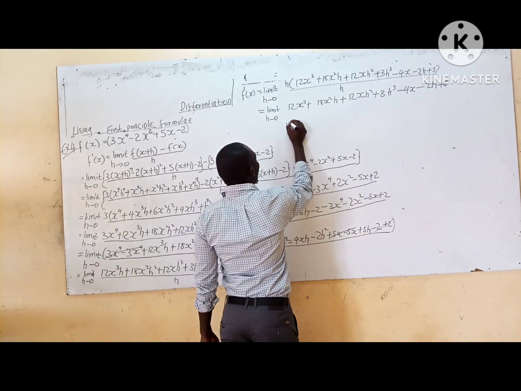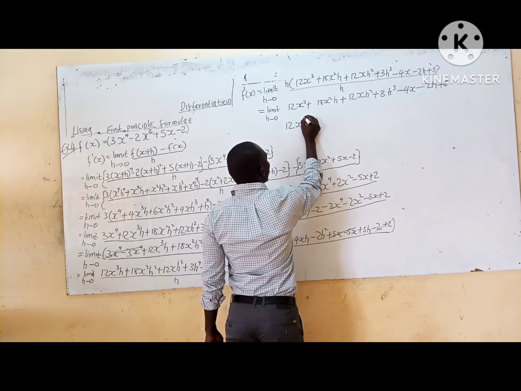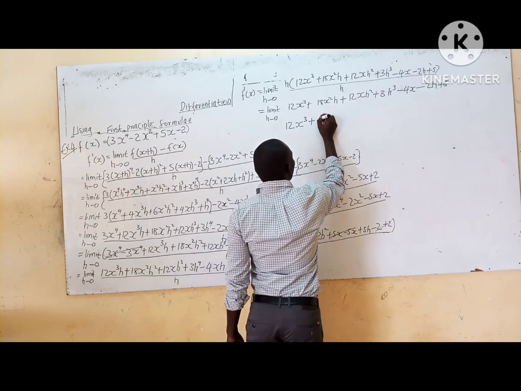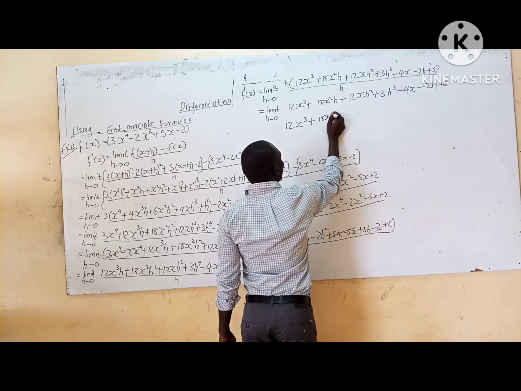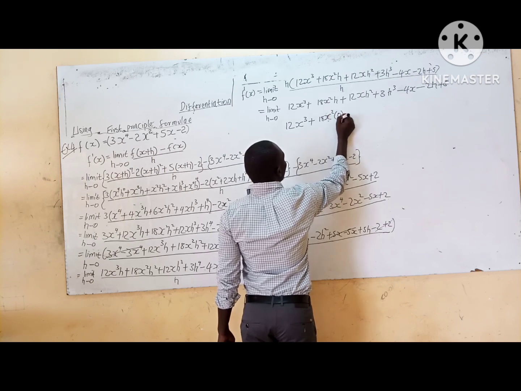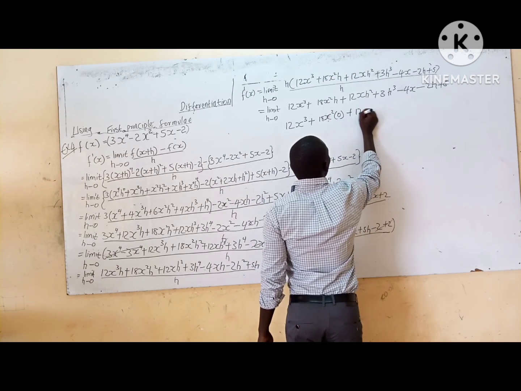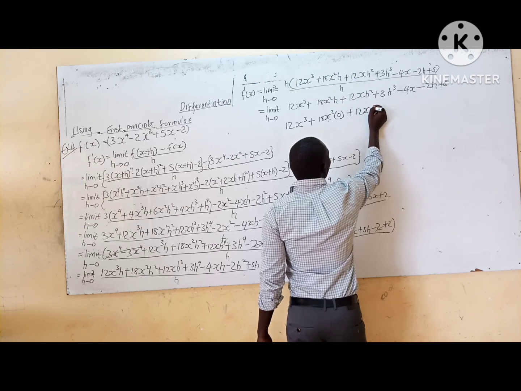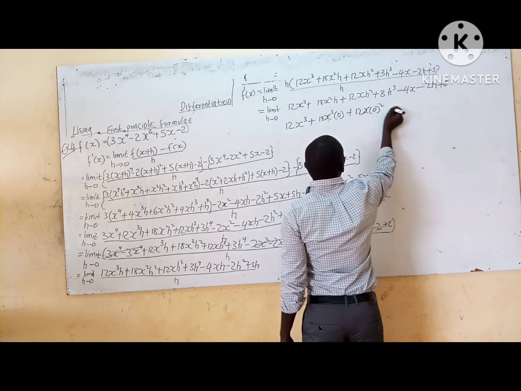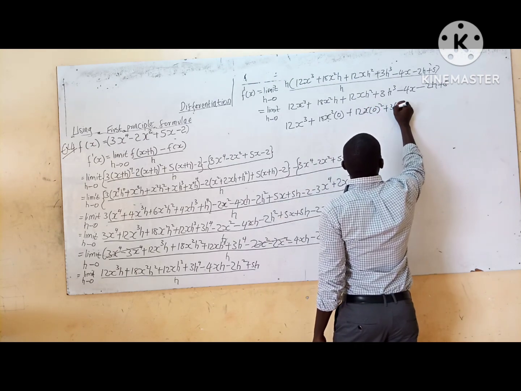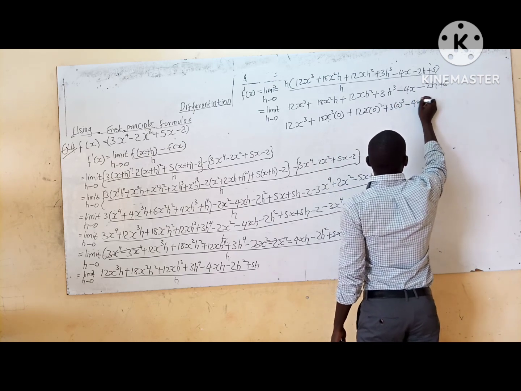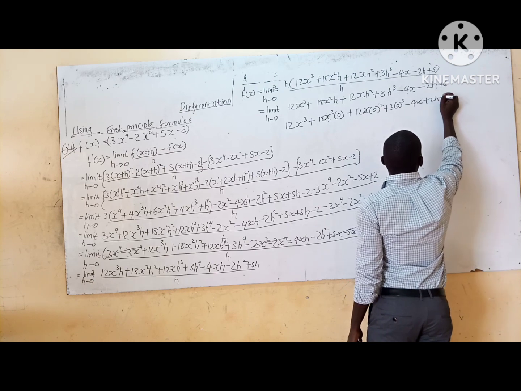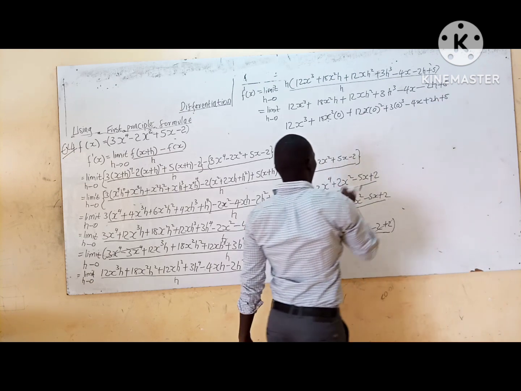And now we are going to have 12x cubed plus 18x squared into 0 plus 12x into 0 squared plus 3 into 0 cubed minus 4x plus 2h plus 5.